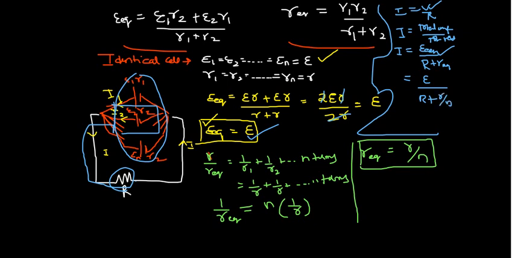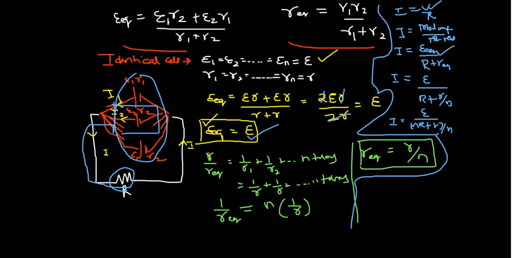Okay, now solve this one. On solving this, what will we obtain? That is I is equal to E divided by nR plus r whole divided by n.